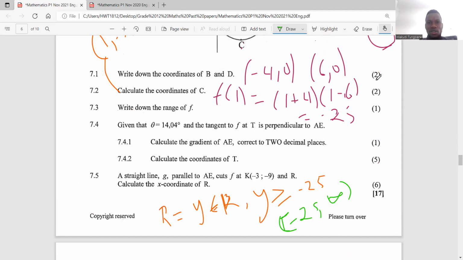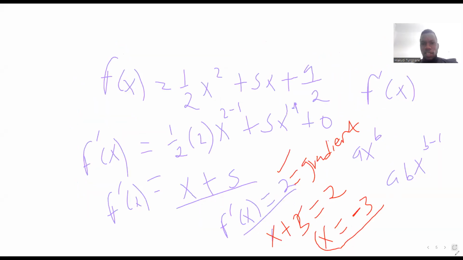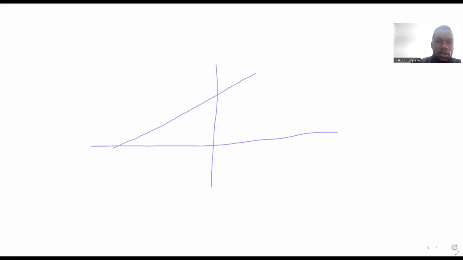Okay, so let's try to draw a scenario so that you can visualize what's happening. So yeah, they're saying that you have this situation here. So firstly, you have this guy. Okay, so this is theta. So this is line AE, right? This is A, this is E. Then you had the parabola there.